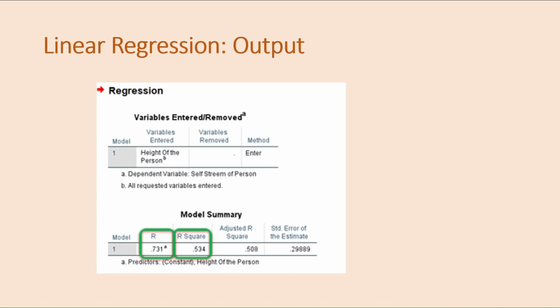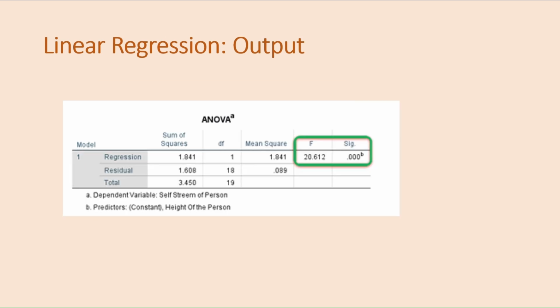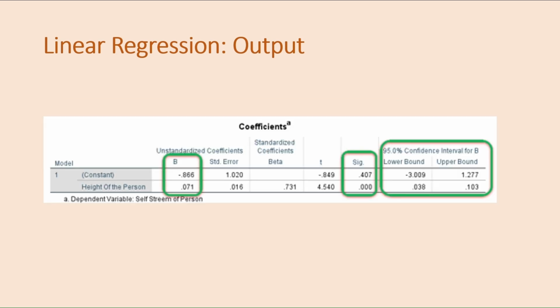The model summary shows the correlation coefficient 0.731, and R square, the coefficient of determination, 0.534. The third table shows the ANOVA F, which means the model is significant.